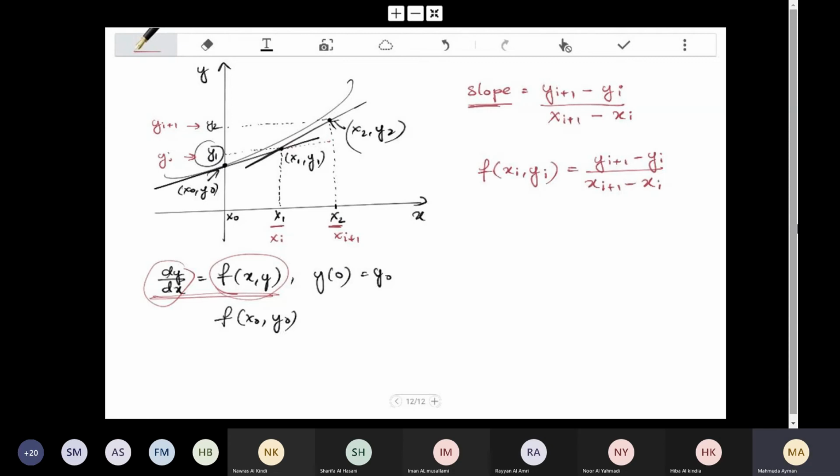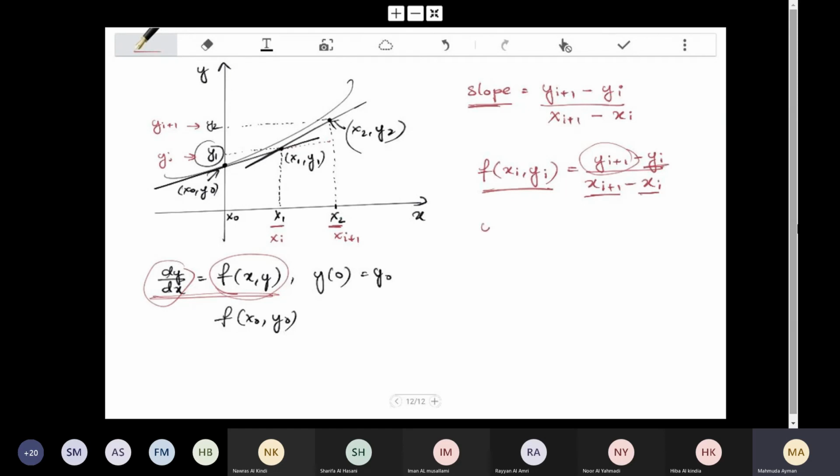Okay, now if we rearrange this, we have the values of xi, we know from which point we are going to which point, and we have the values of yi. All we don't know is yi plus 1.